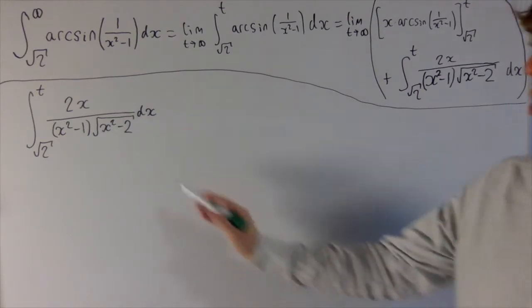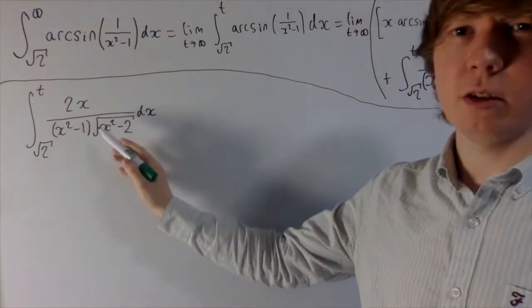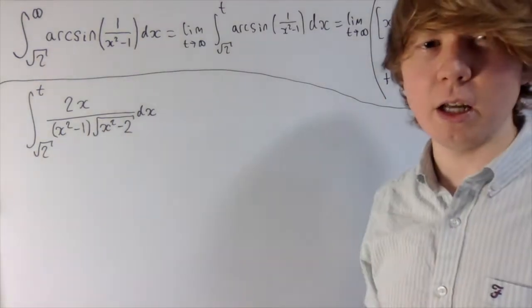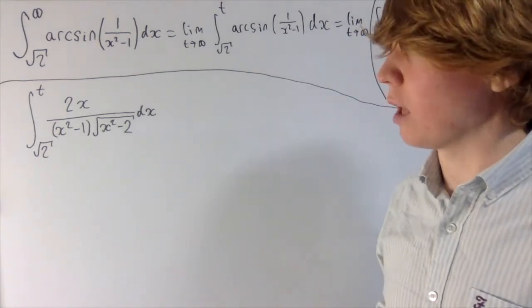Okay, so now to actually evaluate this integral, what I'm going to try is basically look at this and think, are there any nice substitutions that I could do that could help?